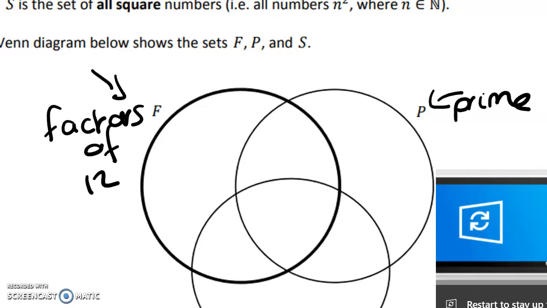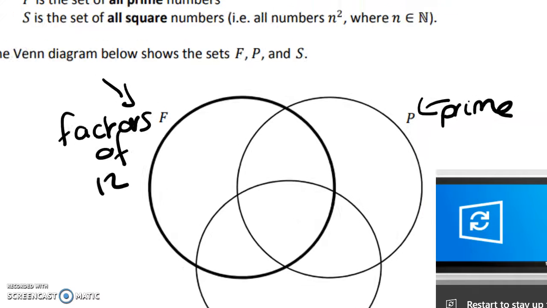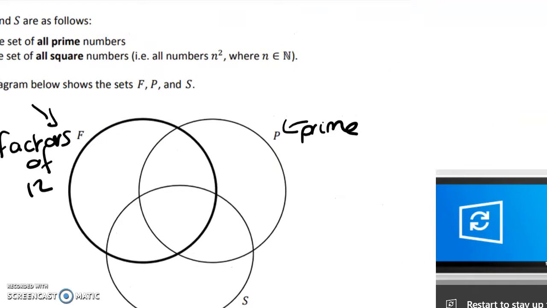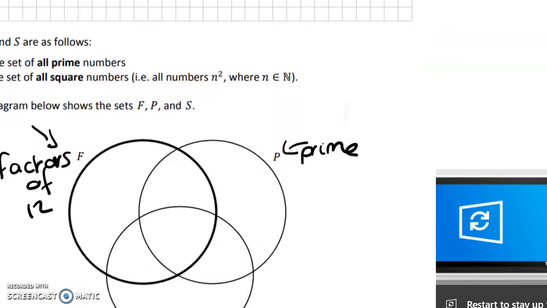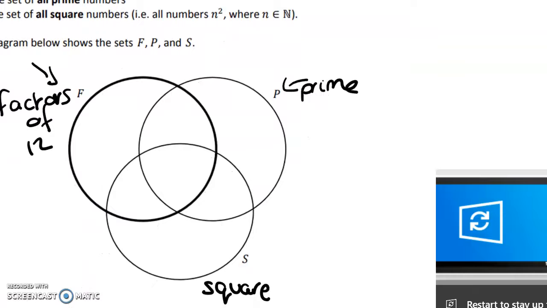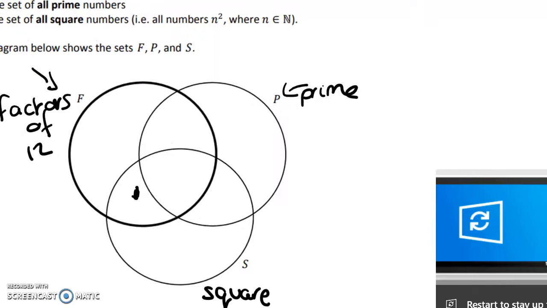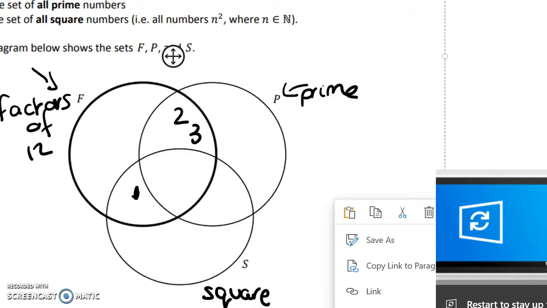Now they're asking me to work on the list above. So we had 1, 2, 3, 4, 6, 12. Well, 1 is a square, lads, but it's also a factor of 12. So I'm going to put 1 right here. 2 is a prime number, but it's also a factor of 12. So I'll put it here. 3 is a prime number, but it's also a factor of 12. So I'll put it right here.